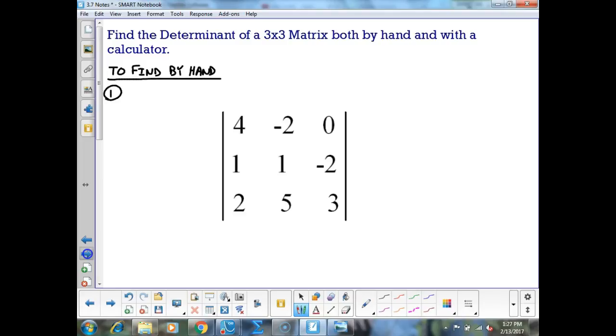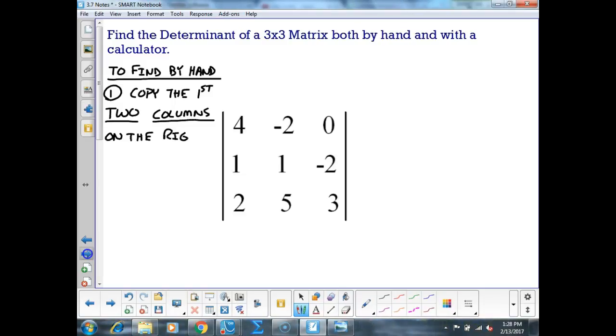the first thing that I have to do is copy the first 2 columns on the right of my matrix or my determinant, whichever one it is.